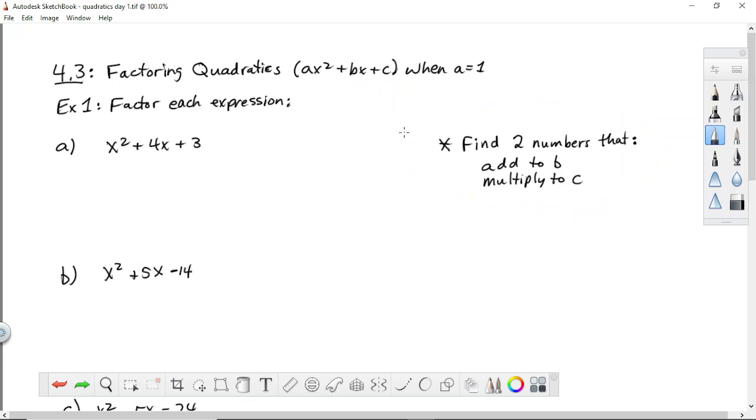So once we find those, that's what goes in our binomials. So our two binomials that we're factoring it into will become the factors. So let's take a look at this first one.